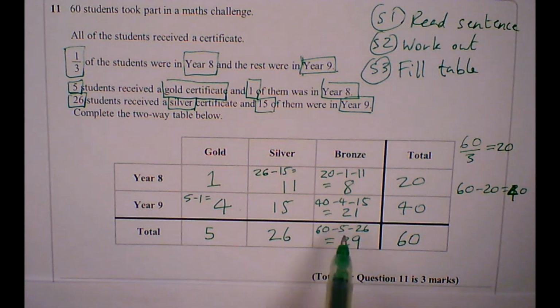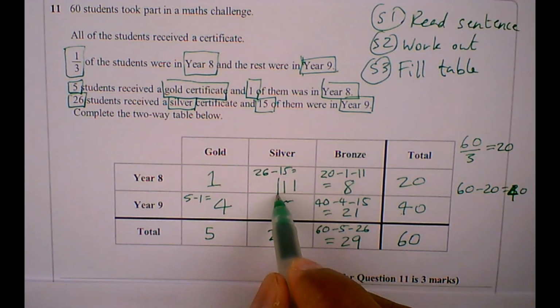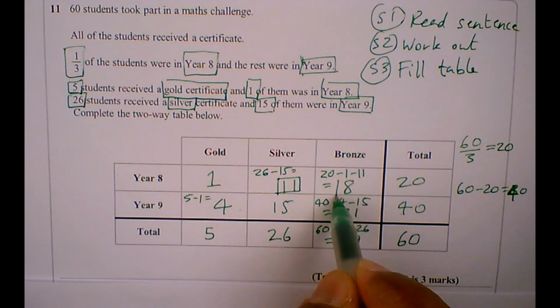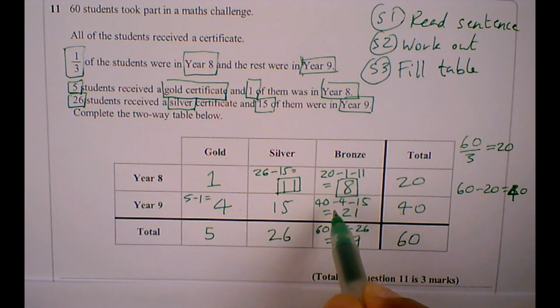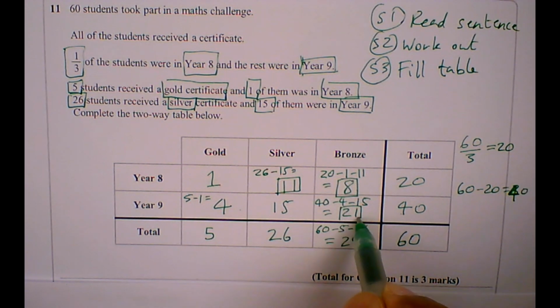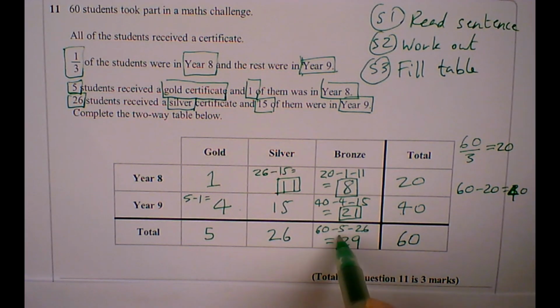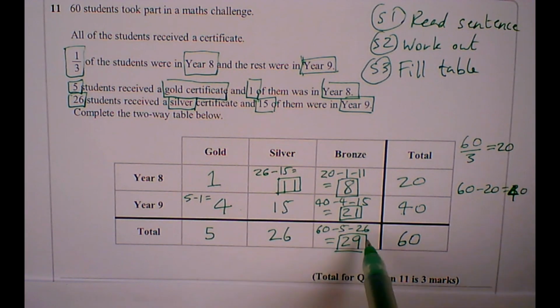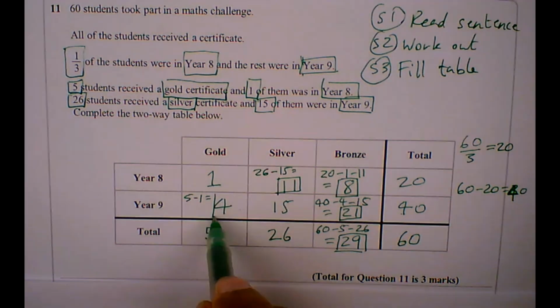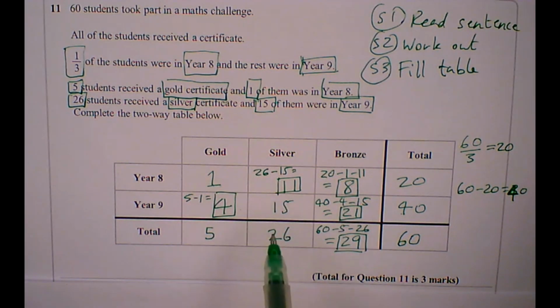It's the same answer. And so that is my final answer. I'll just make this bit clear. You don't need to put your working out in the boxes. I'm just doing it so that it's easier for you to see how it's all worked out. So that is my final answer.